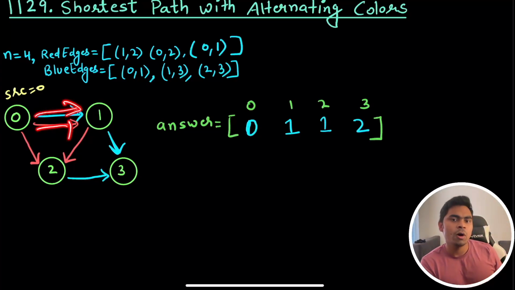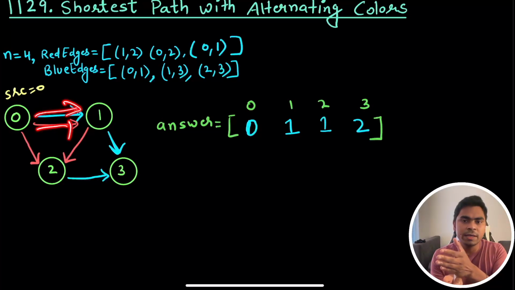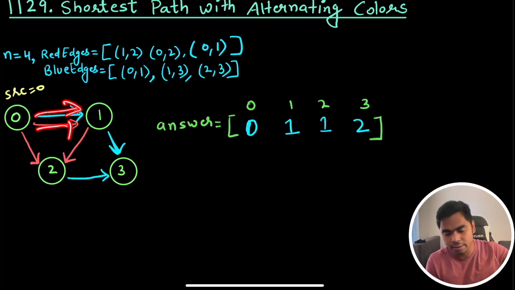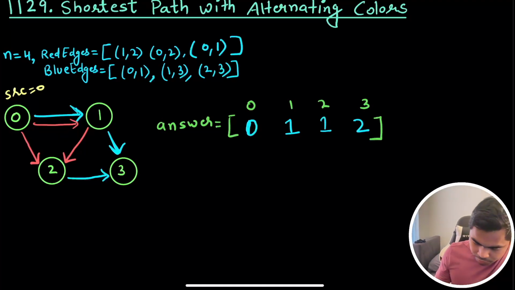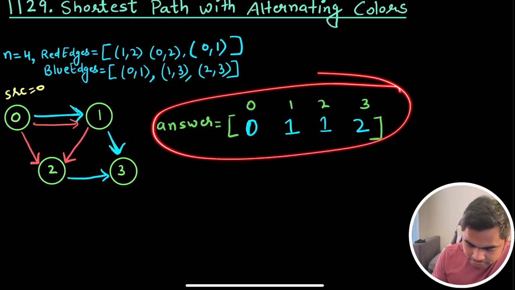You will see how we will use 2 for loops to check whether the previous color is red or blue. Initially you'll execute both, but later you will check which color you called previously, and then what color you need to choose next. So now this is the answer that we will be returning.